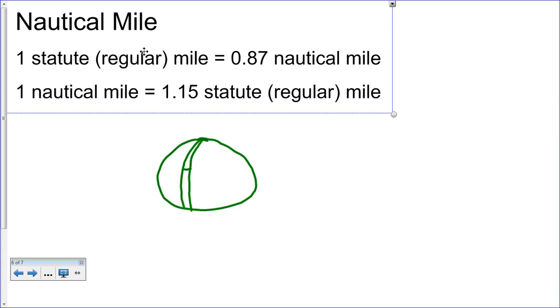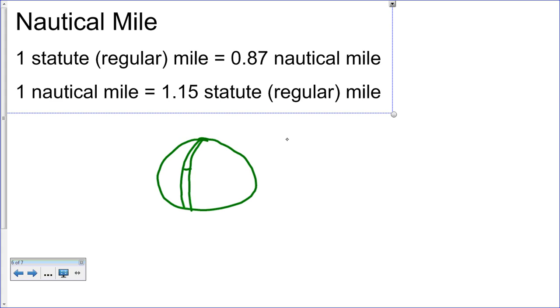Regular miles are called statute miles. Nautical miles matter because if you're out in the middle of the sea, what you care about is where you are, latitudinally and longitudinally. This is what we would use if they give us problems where we need to convert. We would use these two measurements.